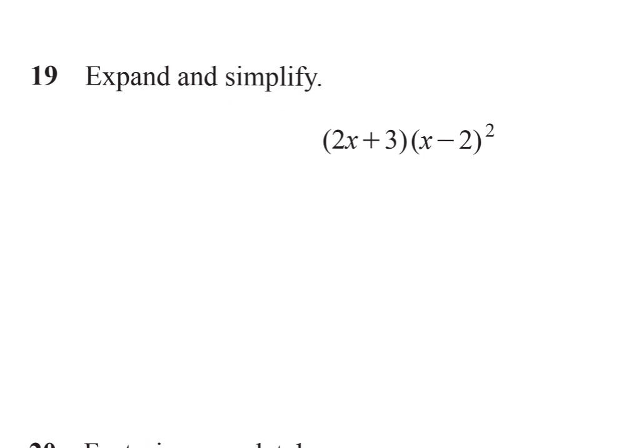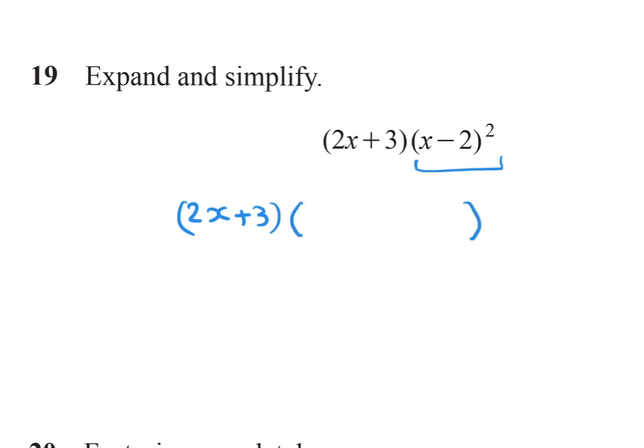Number 19. Expand and simplify (2x plus 3) times (x minus 2) all squared. How to do that? First do x minus 2 squared. Can you expand x minus 2 squared? You can expand directly.